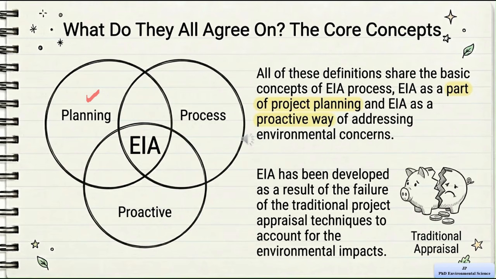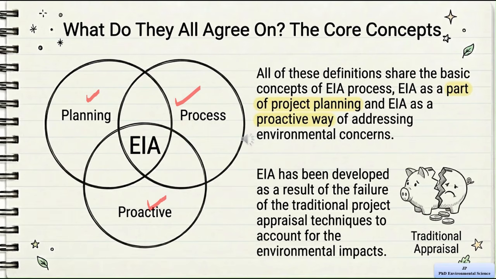Second, EIA as a process. EIA is a step-by-step process, not a single action. It includes collecting data, predicting impacts, analyzing results, making decisions. Third, EIA as a proactive approach. You all know proactive means acting before problems happen.